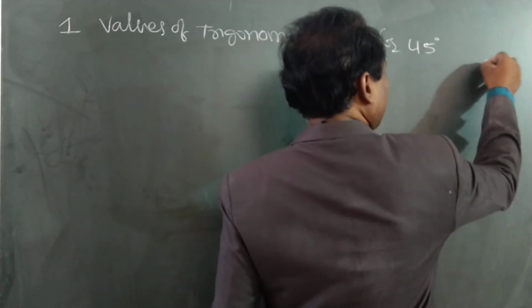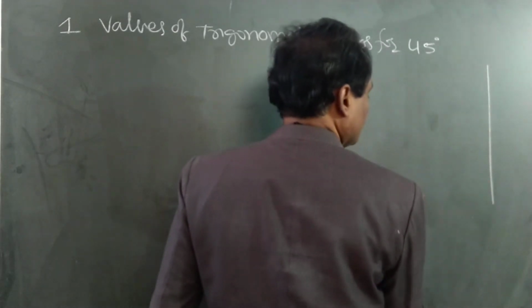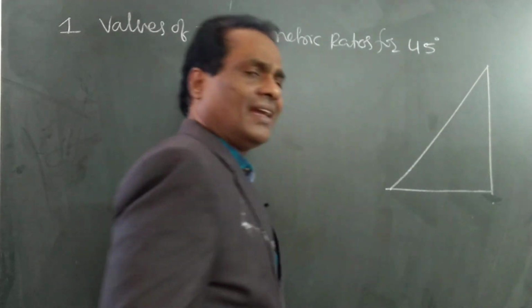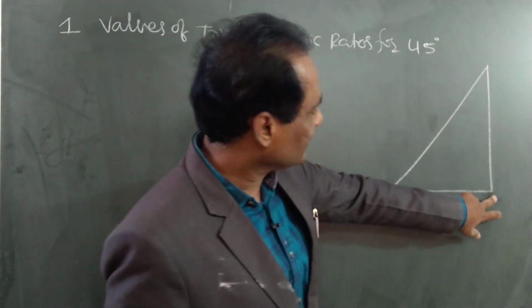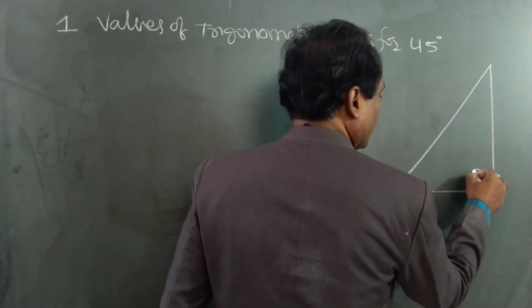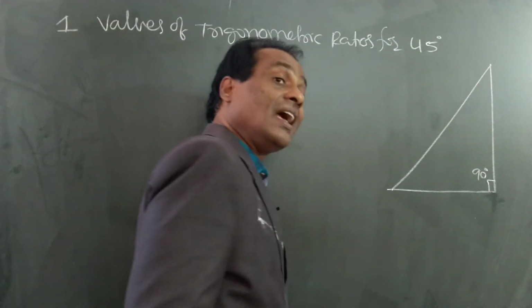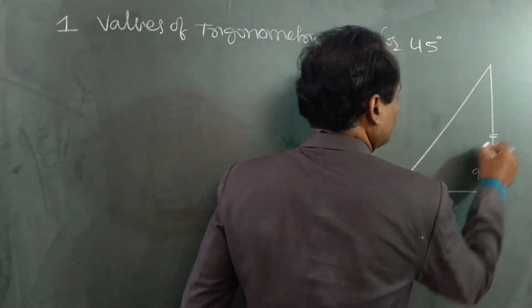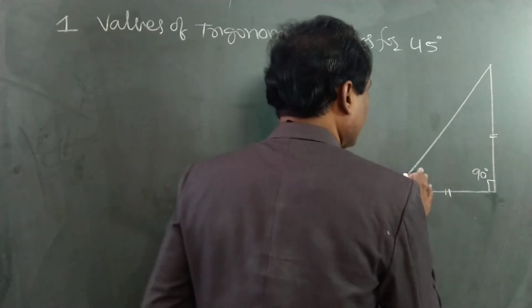This is a right angle triangle. And I will take an isosceles right angle triangle. Right angle means 90 degrees. Isosceles means I will take these two sides equal. These two sides as equal.